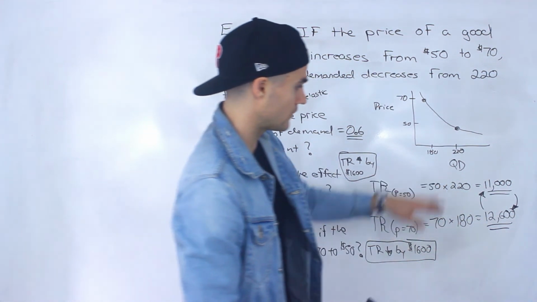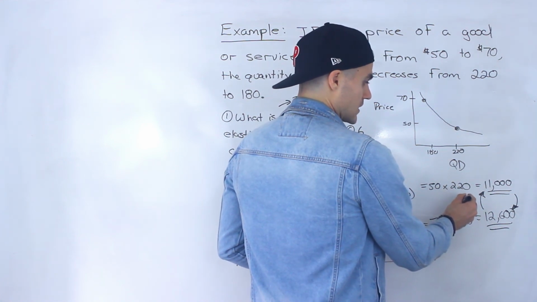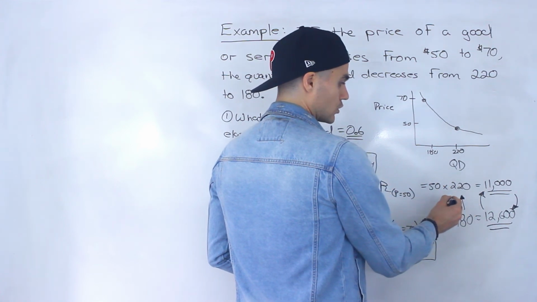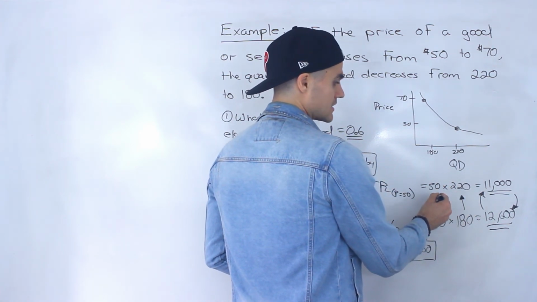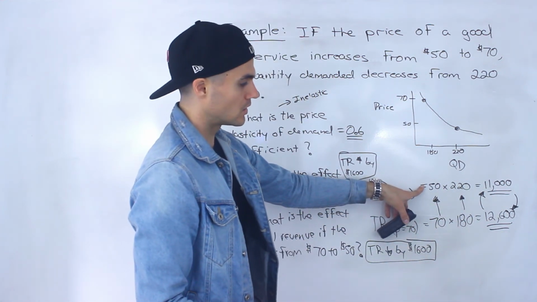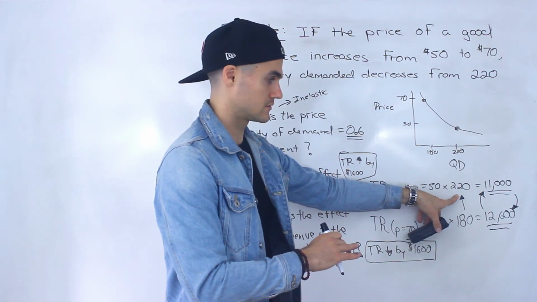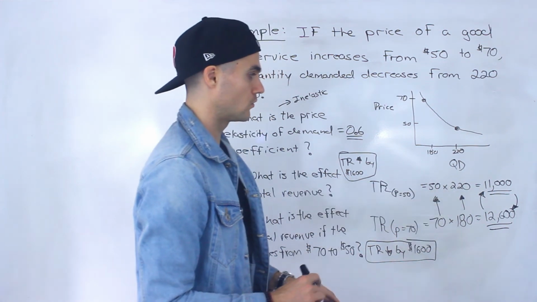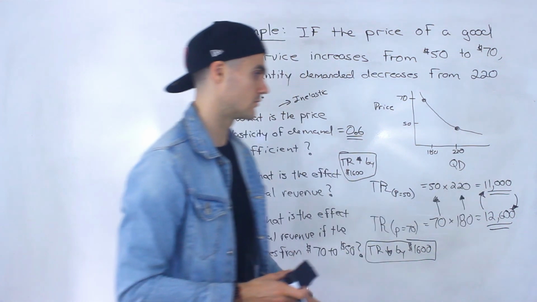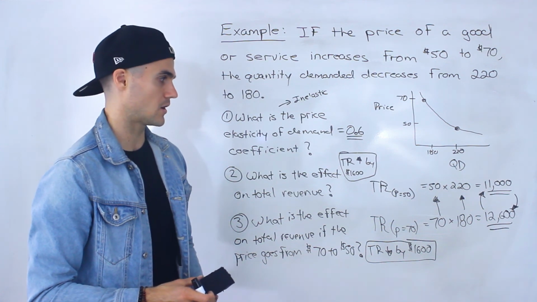Because in that case, the quantity demanded increased, yeah, but it increased by a lower amount than that price decrease. The price decrease overtook the quantity increase. And so there's a net decrease in revenue, and more specifically, it's by $1,600.